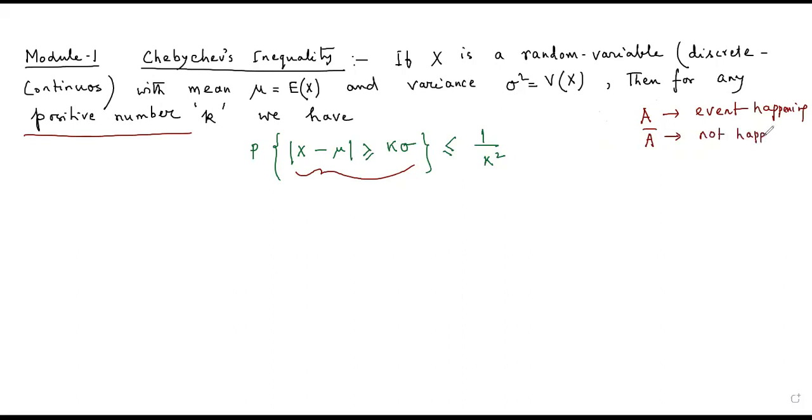You know this very well. And you also know that probability of A bar is equal to 1 minus P of A from axiomatic viewpoint. So this is my prerequisite number 1. To understand the meaning of the Chebychev inequality, I am considering this as a prerequisite.